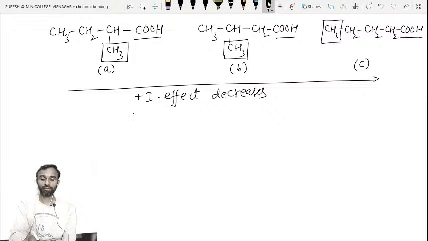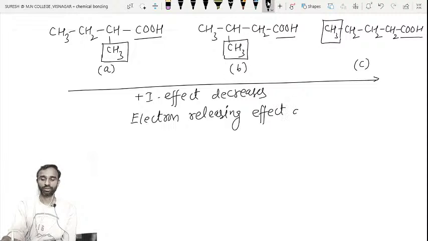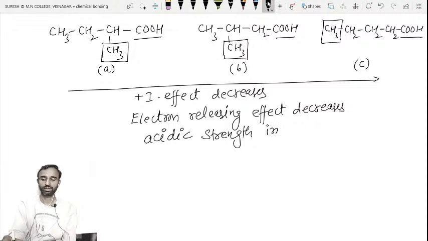So electron releasing effect decreases, so acidic strength increases.